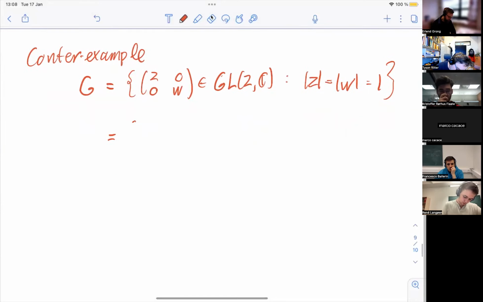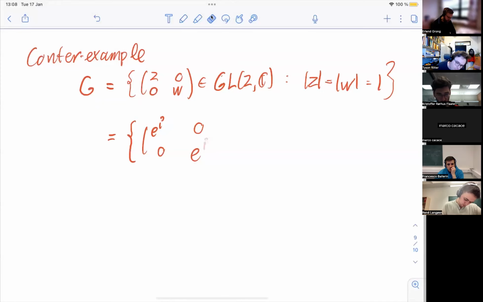I can write this as e to the i theta 1, 0, 0, e to the i.